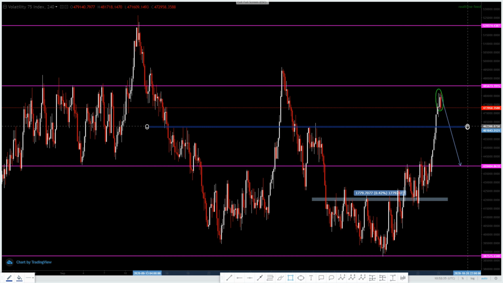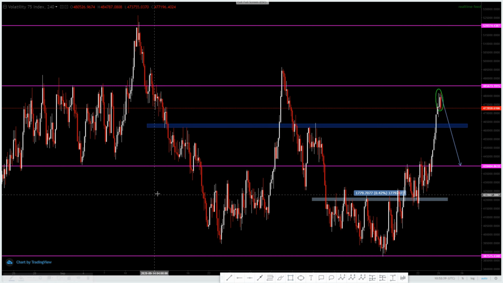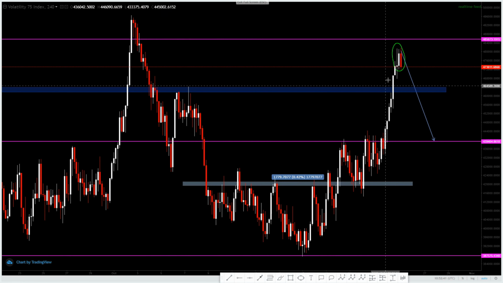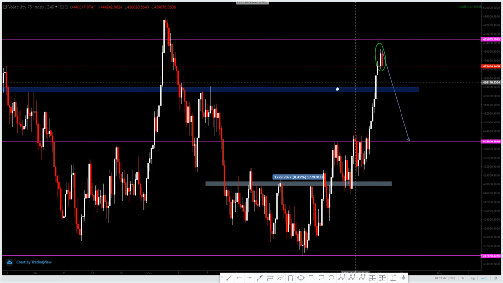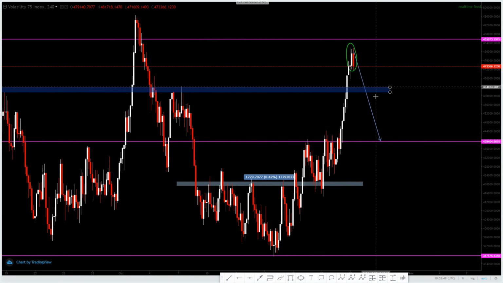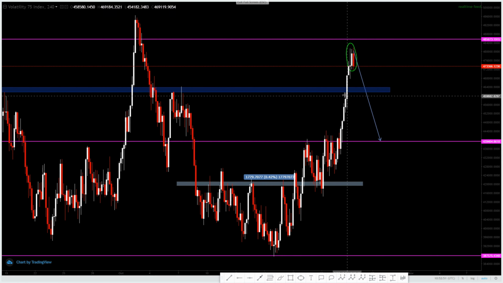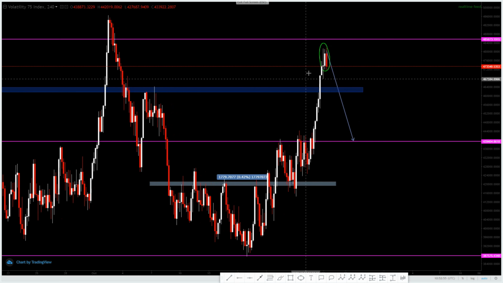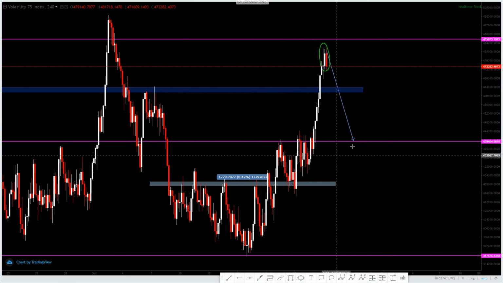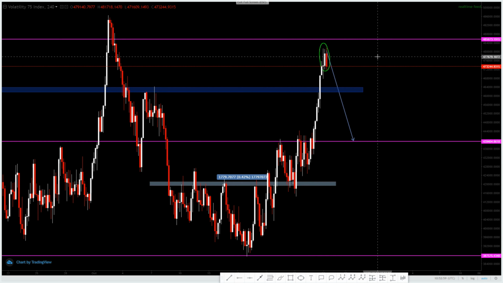So you see right here, this is another place where Volatility 75 can just come and bounce off of it to continue the move to the upside. So what you are supposed to be doing right here is wait for it to break out of this. Once this particular zone gets broken, you wait for it to come down to this level before it will start to move to the upside again.